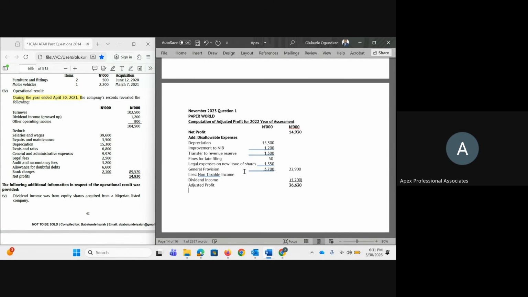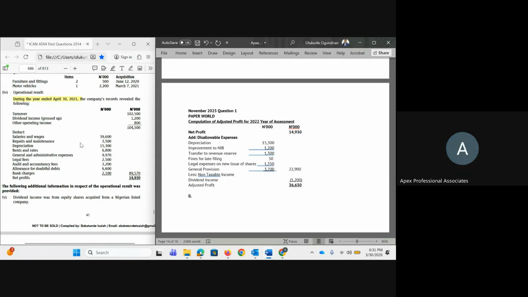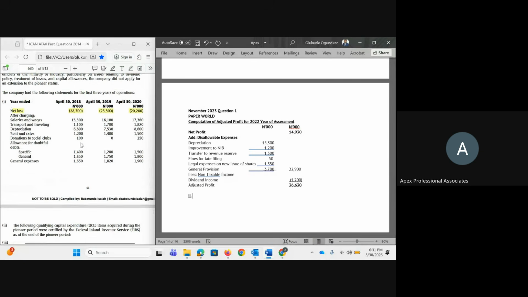Now, the second point will now be to compute my adjusted profits. Remember the point I made the other time that where this is profit in the pioneer period, you ignore it. But because it is loss, I need to make an adjustment to be sure, because losses in the pioneer period is carried forward to the post pioneer period and relieved in the post pioneer period.